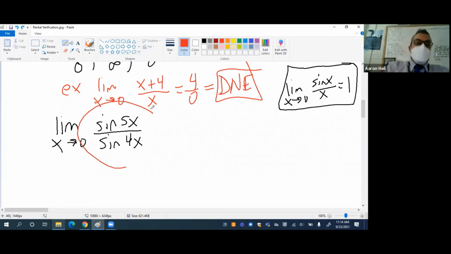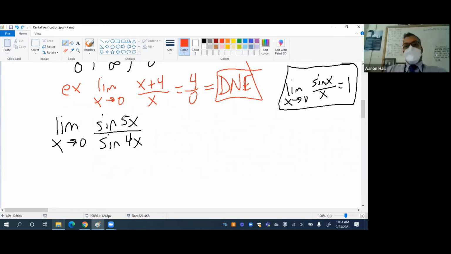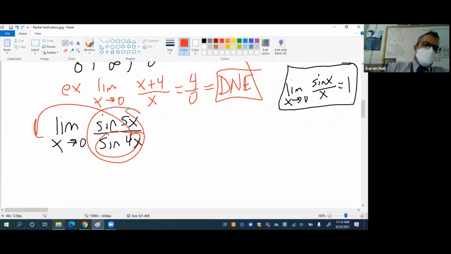Is there a way I can somehow break all this up using the different properties? Possibly move the sine of 4x over to the other side. Wasn't there a quotient property?